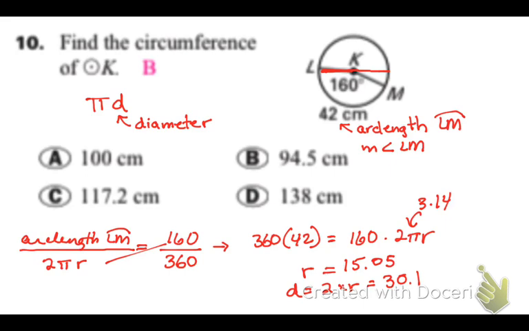And what we're looking for is the diameter, or sorry, the circumference, which is pi d. Okay, and that's equal to 94.514. So our answer is B.